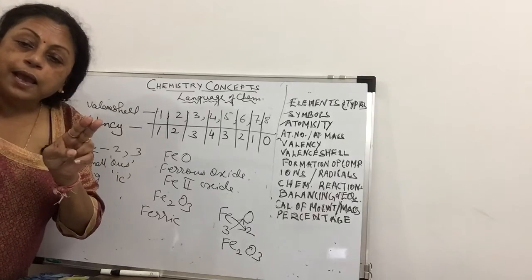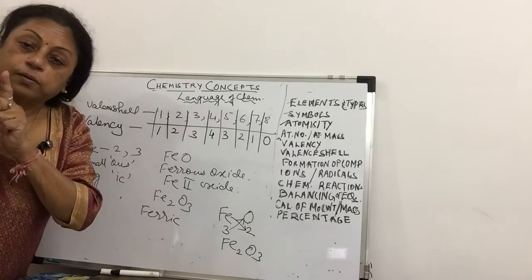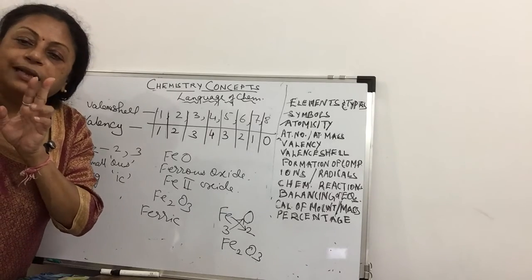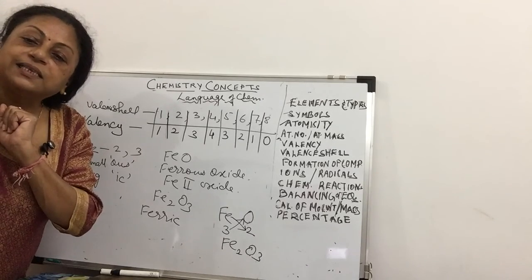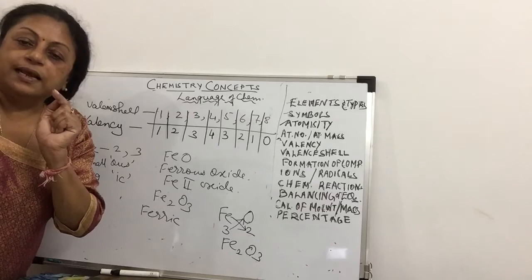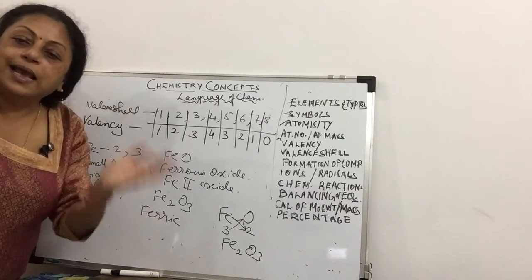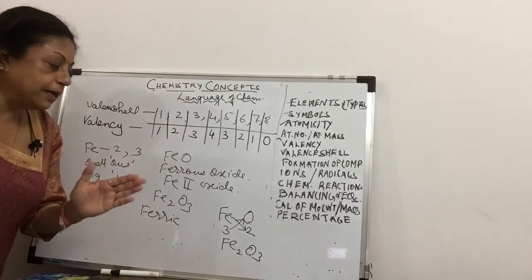Plumbous 2 and plumbic 4. Lead has got 2 valencies, 2 and 4. Stannous, stannic, 2 and 4. Tin, Sn, has valency 2 and 4. Like this, you will get the valency.